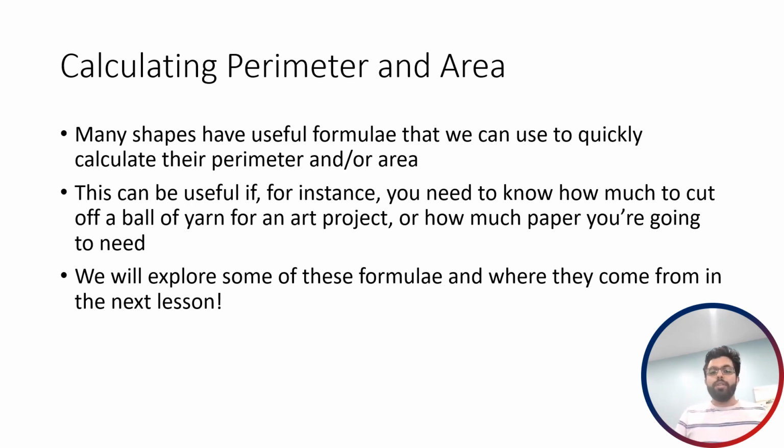So we will explore some of those formulae in the next lesson. So that'll be next Tuesday. I'm recording this the Tuesday prior. I don't remember what day it is. It's the 14th or something. So on like the 21st or whatever, roundabout there, we will start looking at how to calculate perimeter and area for a lot of the polygons that we've looked at so far in this unit.